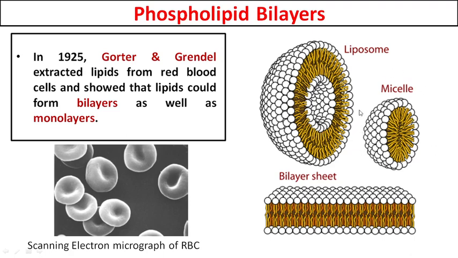Or there could be a liposome-like structure where you again have a bilayer, but it is forming a small sphere. That is a liposome. So these were the different arrangements in which the cell membrane could exist. These were found from the RBC membrane by Gorter and Grendel.